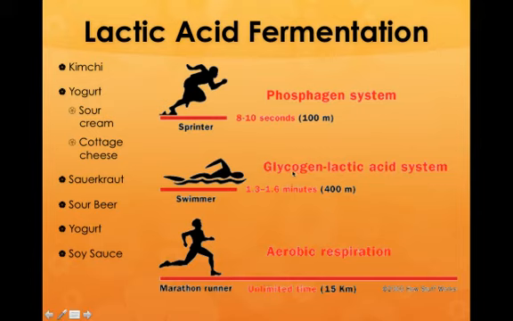But as you increase the amount of energy use per time, your cells are not able to get enough oxygen to supply the TCA and the electron transport chain. So what happens is you end up using glucose in the process of a lactic acid fermentation to produce 2 lactic acid or lactate, all right, making only 2 ATP.